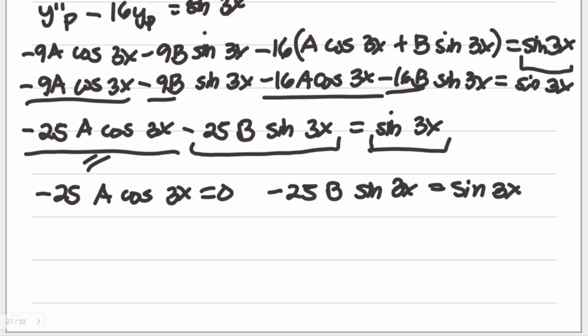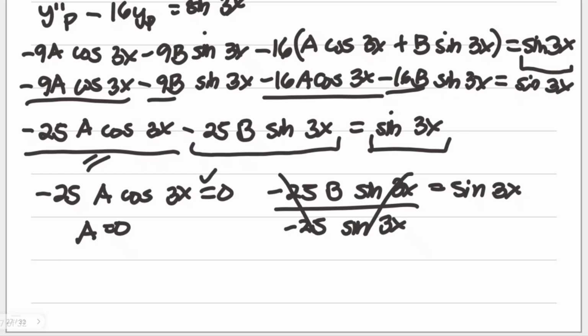So we are solving for b. Of course, here, this will only be true if a is equal to 0. Here, dividing both sides by minus 25 sine of 3x to cancel this. You also have here minus 25 sine of 3x, which you can cancel. So b is just equal to negative 1 over 25.